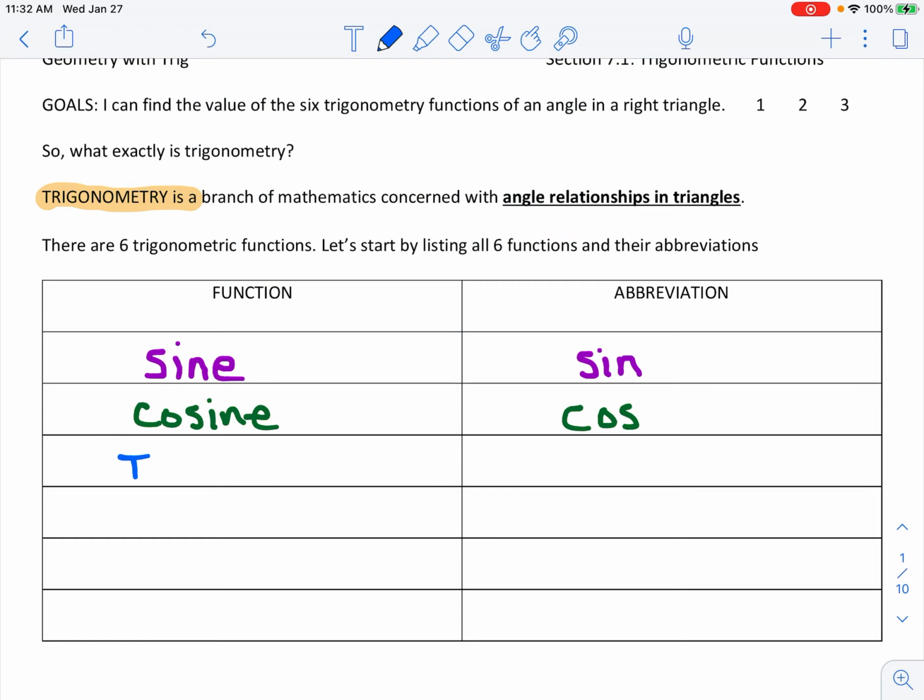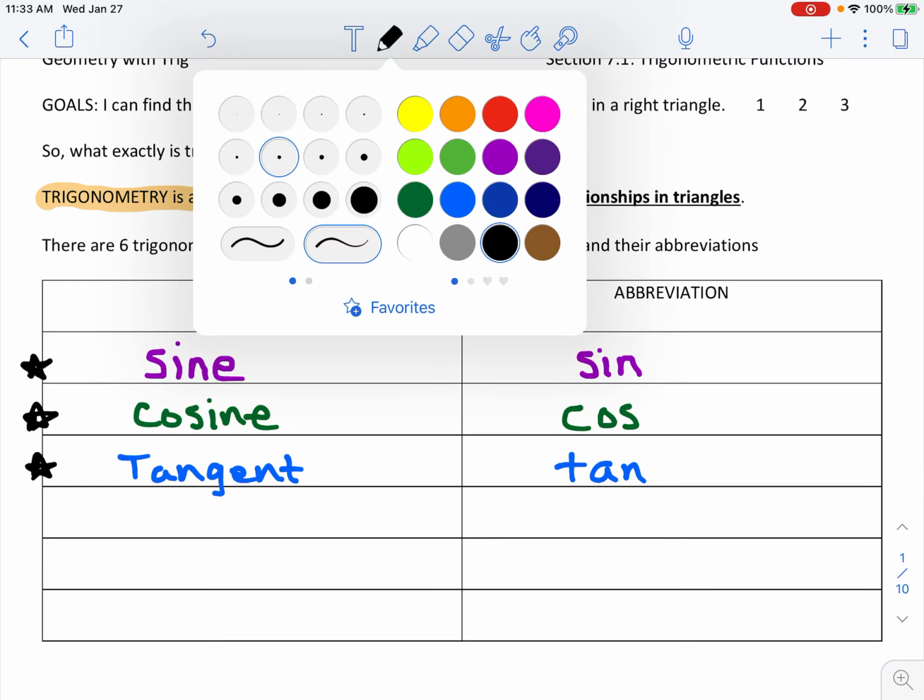The third function is tangent, and when we abbreviate tangent, we use tan. These first 3 are the big 3 that we are always going to use to solve and to get us started. Sine, cos, and tan are the abbreviations that we see on our calculator.